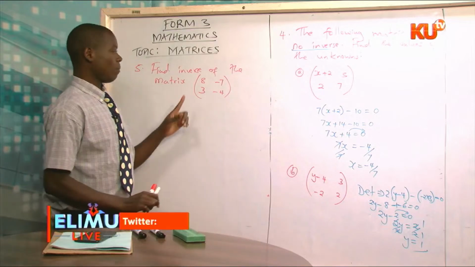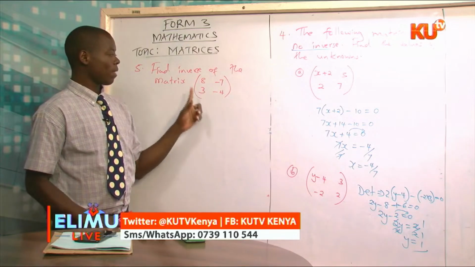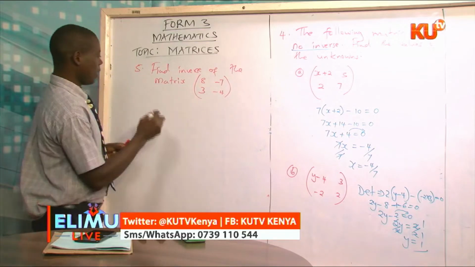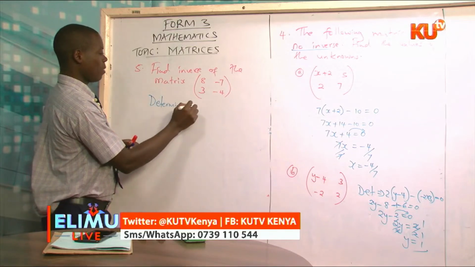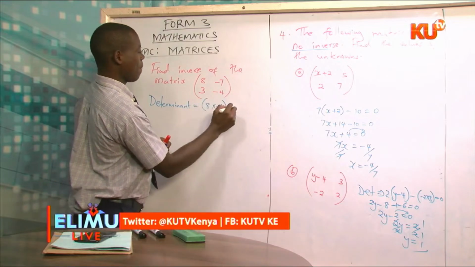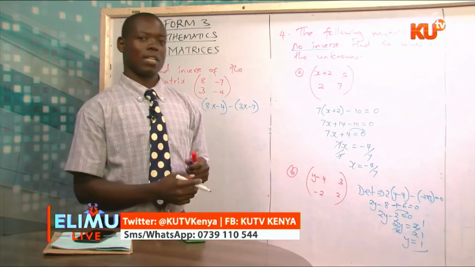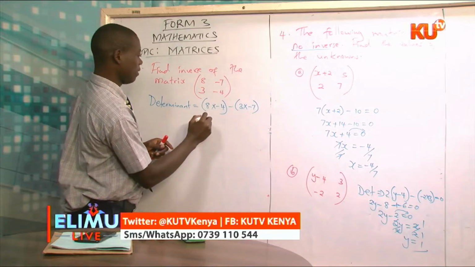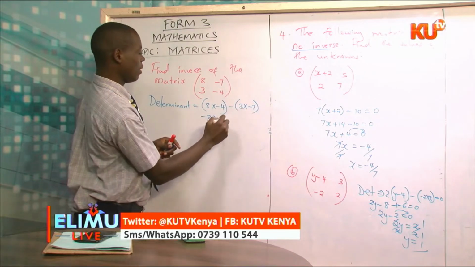The students should now be able to tell the elements in the leading diagonal, it's 8 and negative 4. The other diagonal is 3 and negative 7. Therefore, our determinant will be equal to 8 times negative 4 minus 3 times negative 7. 8 times negative 4, we have this as negative 32, minus 3 times negative 7, negative 21.